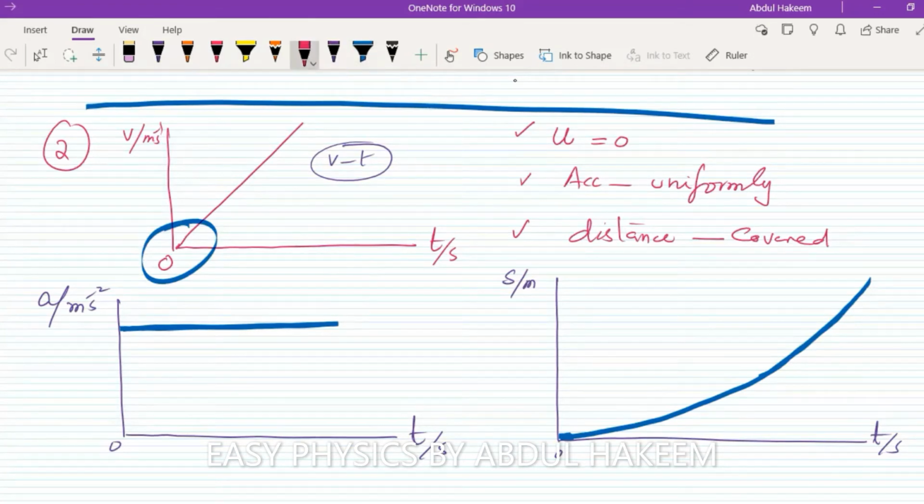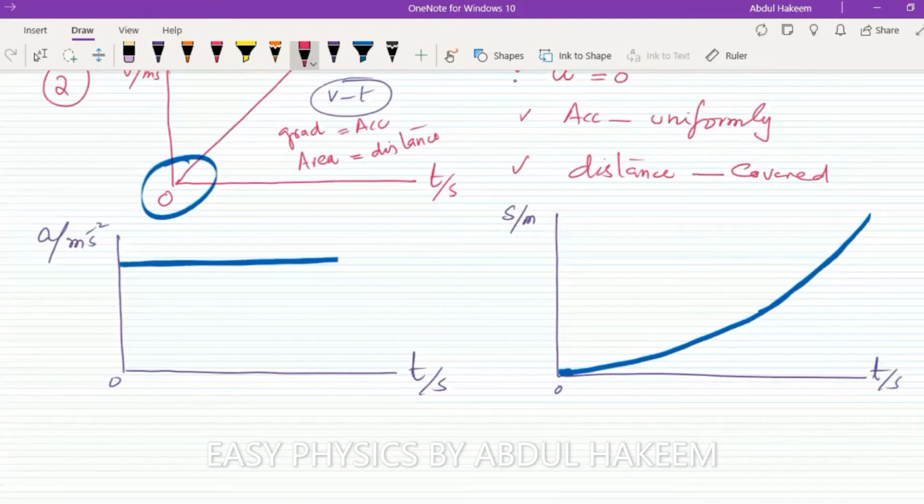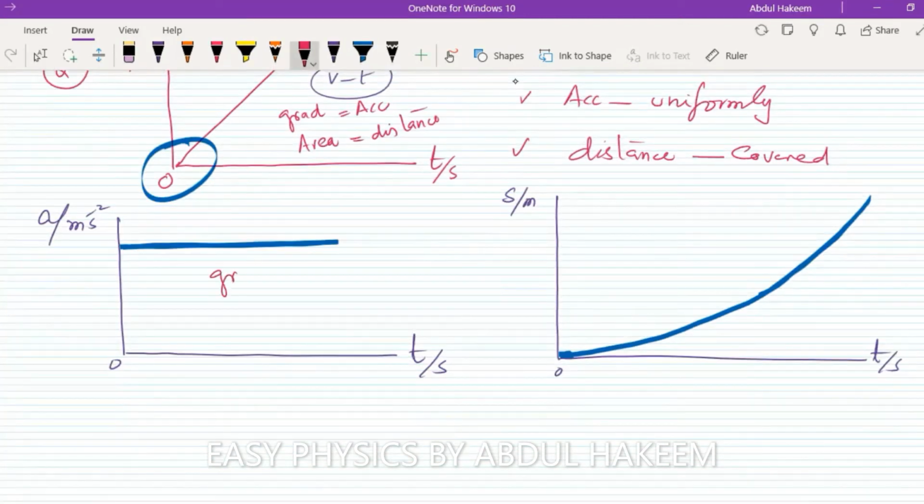And do remember, the gradient of this graph is equal to acceleration. Number 2, the area of this graph is the distance covered by the object. And here, the gradient of this graph is nothing, but the area is equal to speed.